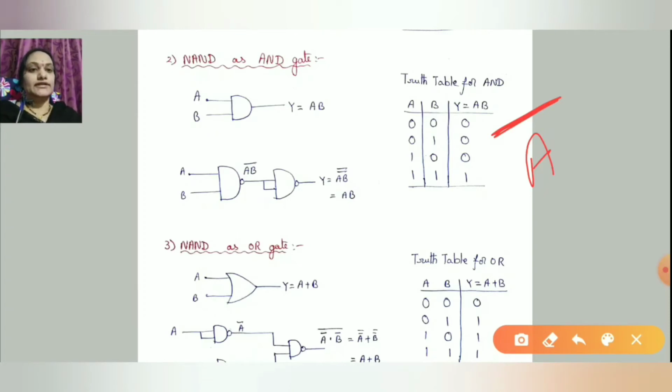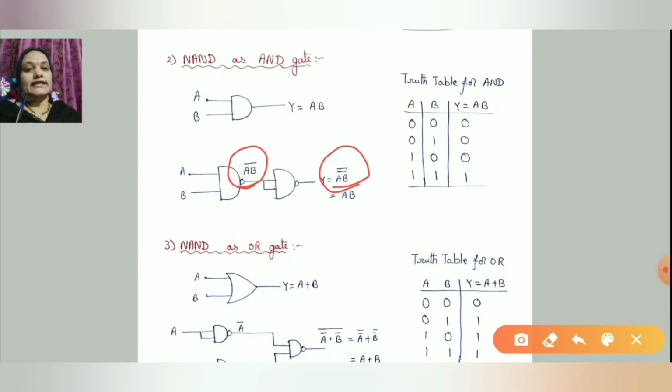Here you can find the circuit like this. The two inputs are connected to each other. Then the output becomes the complement of the input. Here the input is AB whole bar, that's why you are getting AB double bar.